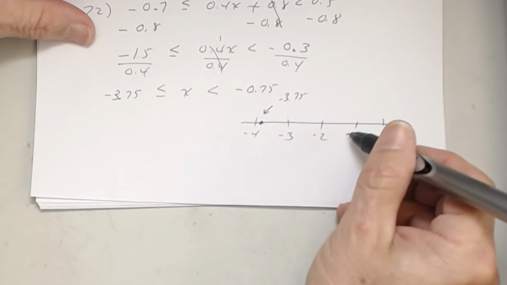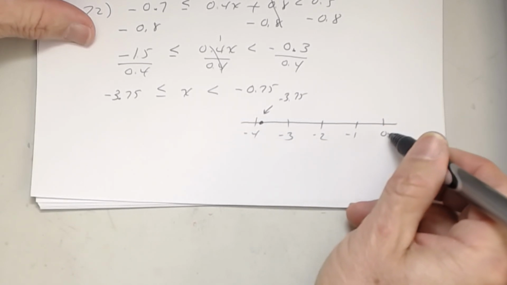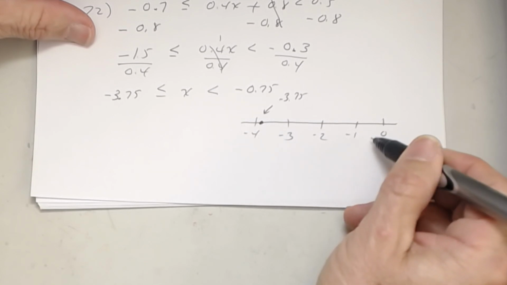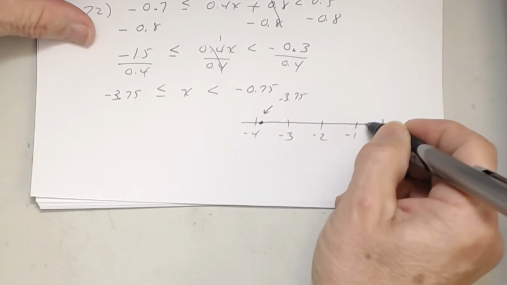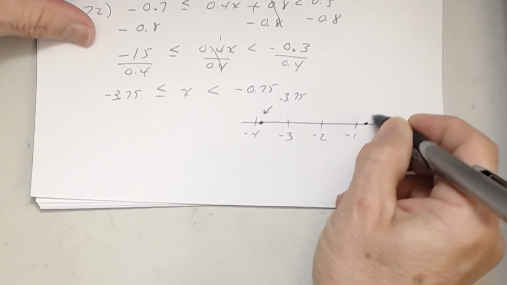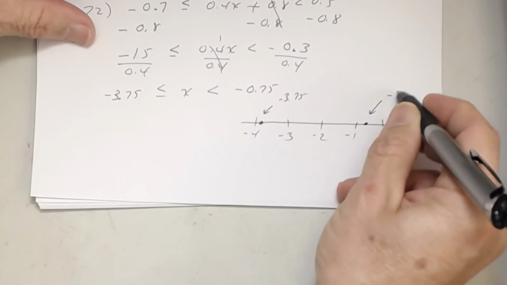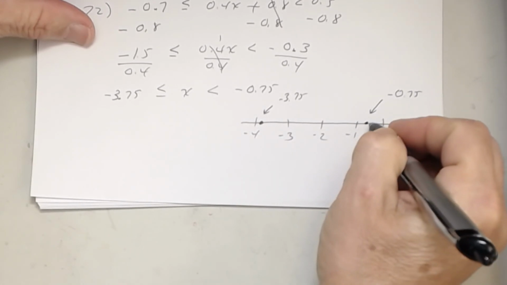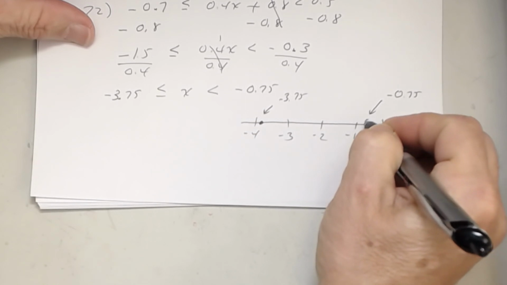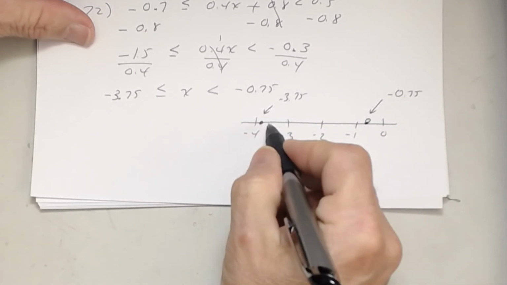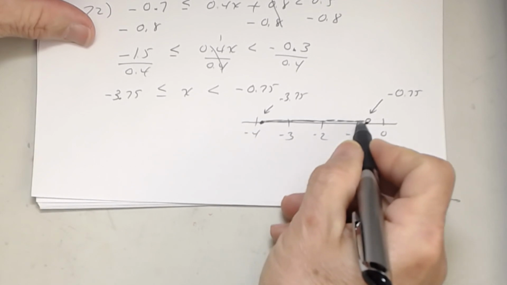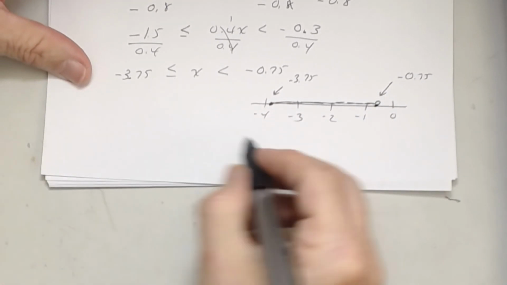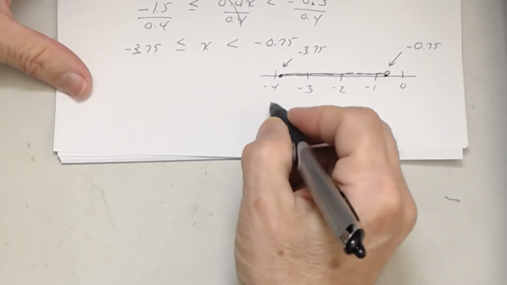Negative 0.75 is between 0 and negative 1, closer to negative 1. So that's negative 0.75, and a shaded, oops, did not mean for that to be closed. It's what? Open. All right. And so what's the interval notation?